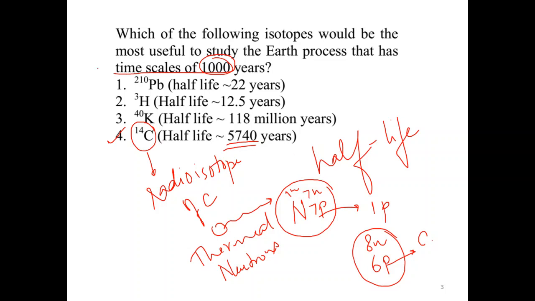So let us see how it can be used for this time scale of 1,000 years. Now imagine lead, which is showing a half-life of 22 years. Can we use it for studying up to a 1,000 years time scale? Let us calculate. Let us say we have 100 atoms of lead which has a half-life of 22 years.